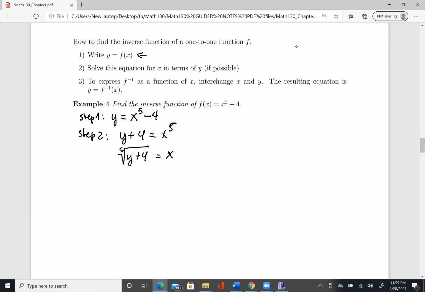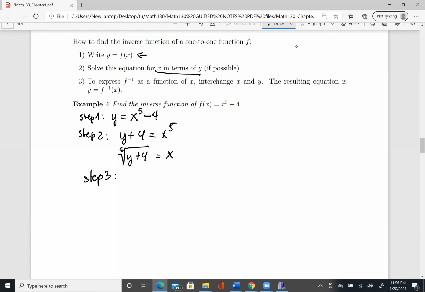Now I have a solution of x in terms of y already. Now we come to step number 3, and I'm going to express f inverse as a function of x by interchanging x and y.